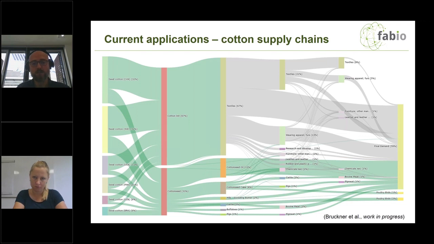And the seed has a much lower price than the lint, makes only 1/3 of the value. So in this case, 2/3 of the water stress would be allocated to textiles and other non-food uses of cotton.